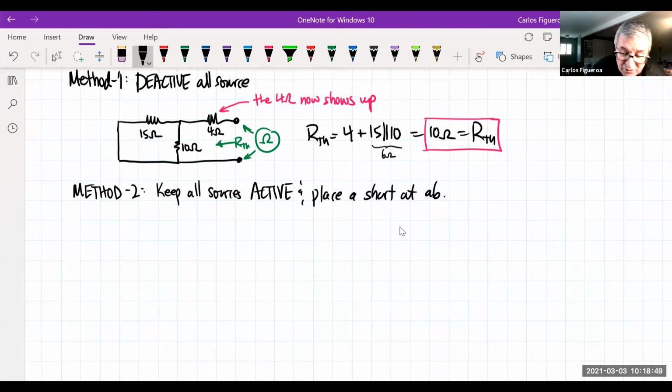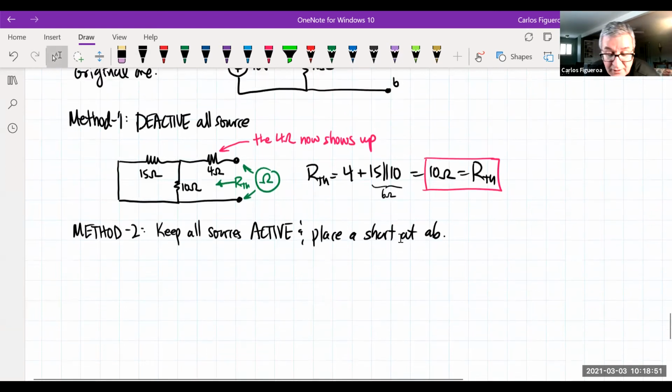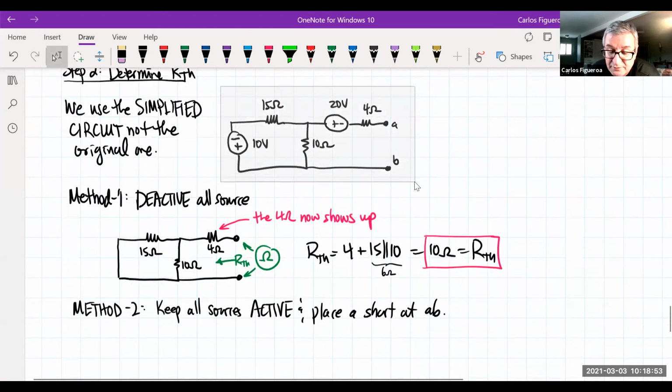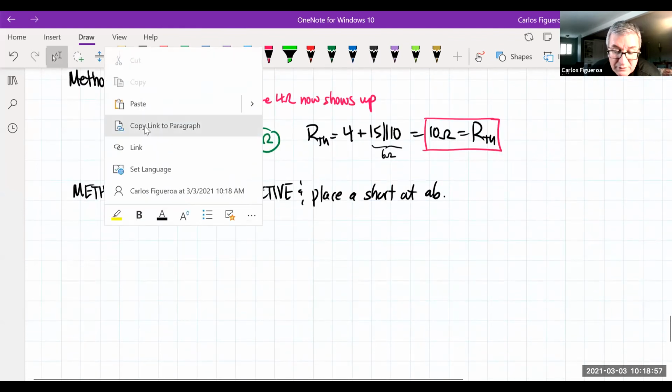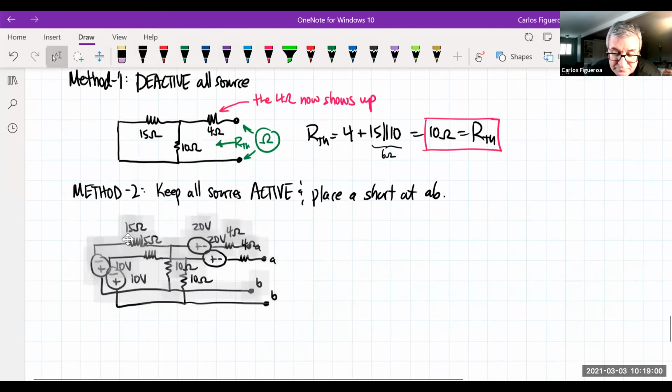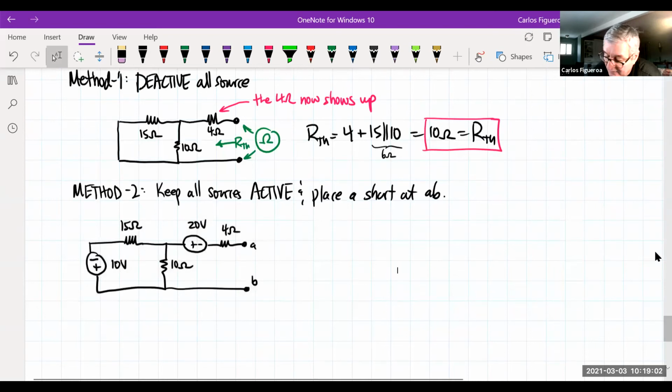So here I go. Now I go back and put in everything else. Here's my circuit. The big difference here is that now I put my short right there.